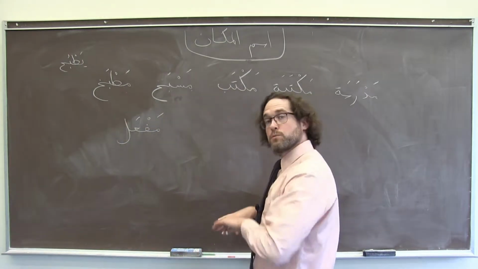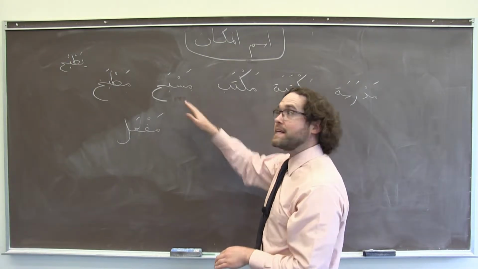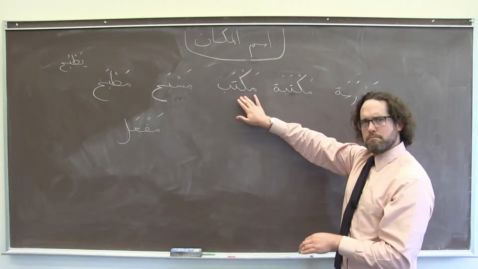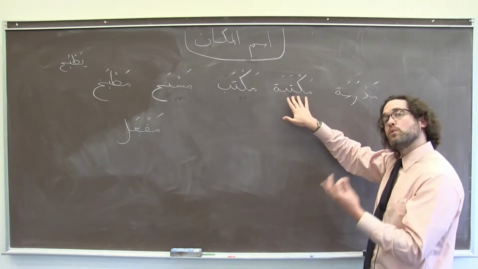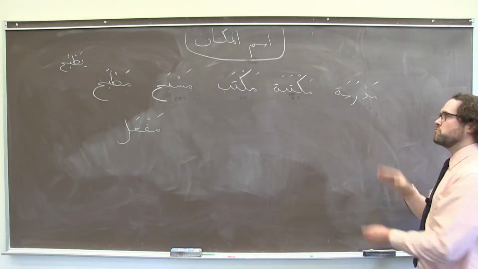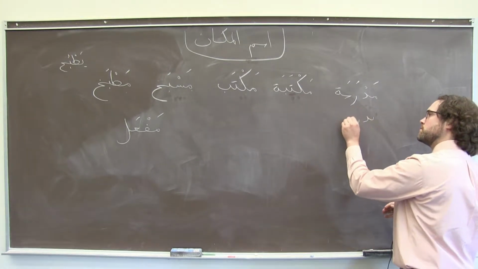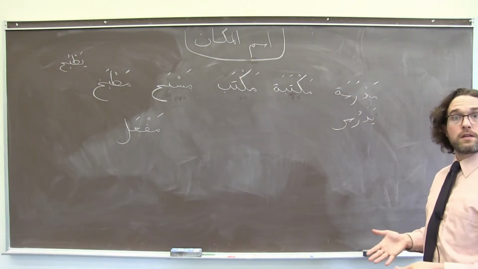Masbah comes from the verb yasbuh and means a swimming pool, place of swimming. Maktab, desk, a place of writing. Maktaba, a library, also a different kind of place of writing. Madrasa, from yadrus, is a place of studying.